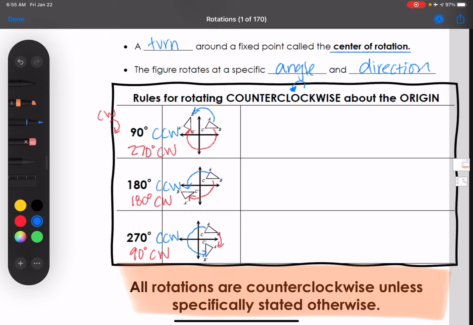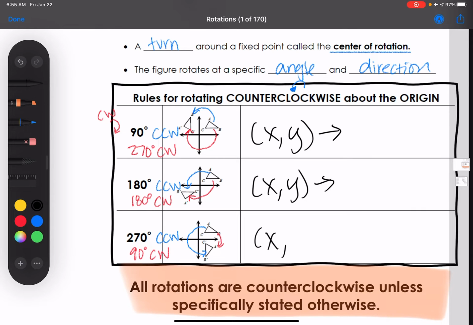Now, the way that I set up all of these algebraic representations is like normal. They're all going to start off with x, y goes to your original point. Your pre-image's point is going to go to the image or the prime points. All right. And here's how I help myself remember.